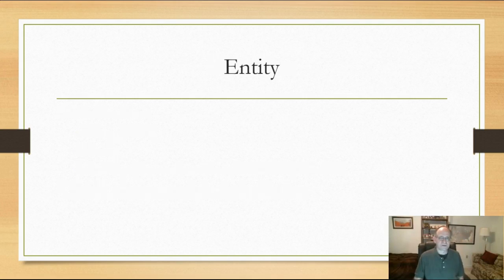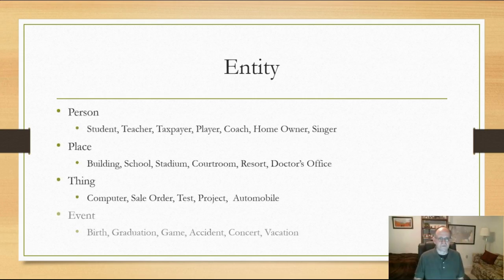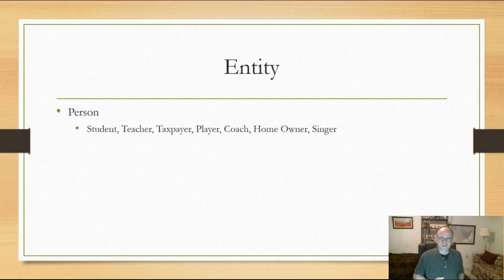All right, let's talk about entities. An entity is a person, place, thing, or event. An example of a person would be students, teachers, taxpayers, coaches, singers, musicians, homeowners. These are people, and they are a type of entity.